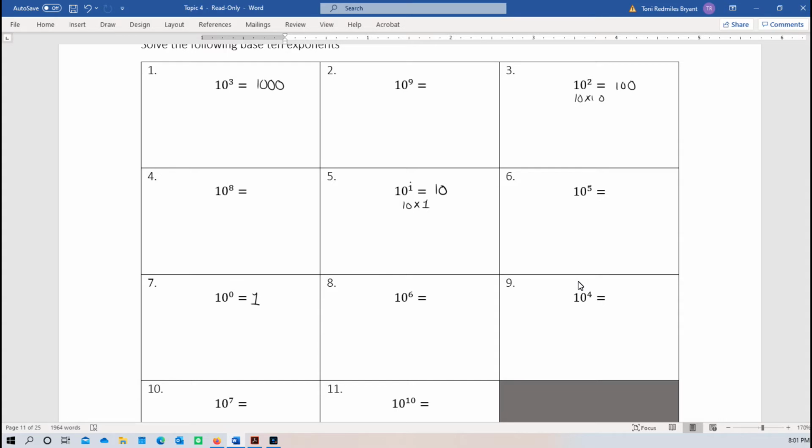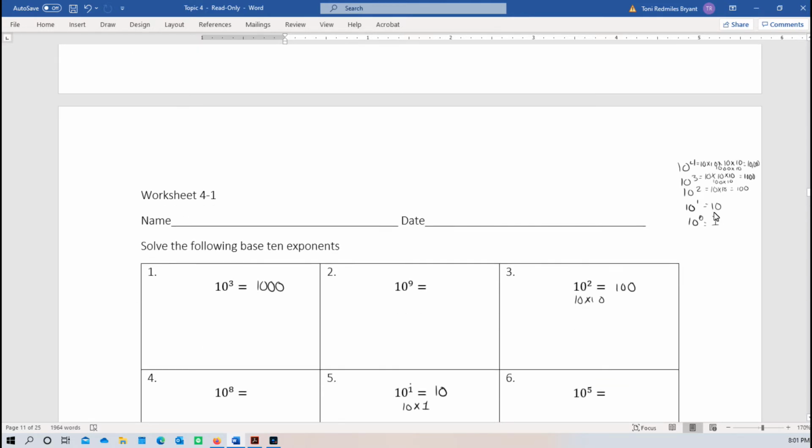Okay, so let's go in order. For 10 to the fourth, that is 4 tens being multiplied together. We know what 3 of them are from number 1. That's 1,000. Times it by another 10. We're just adding another 0 to that number. It's going to be 10,000. And actually, I think we did that one already.